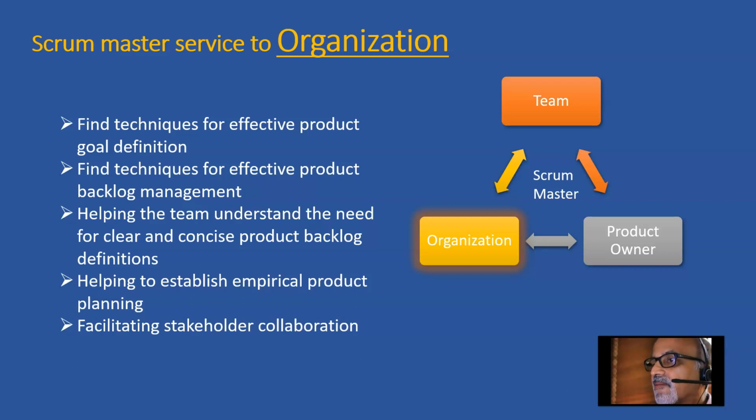It is the Scrum Master's responsibility to the organization to establish these things, because we need to bring in estimation techniques, story points and stuff like that. Scrum Guide is not proposing any one particular technique, so it is giving freedom for the Scrum team to decide the techniques and the tools they can use.